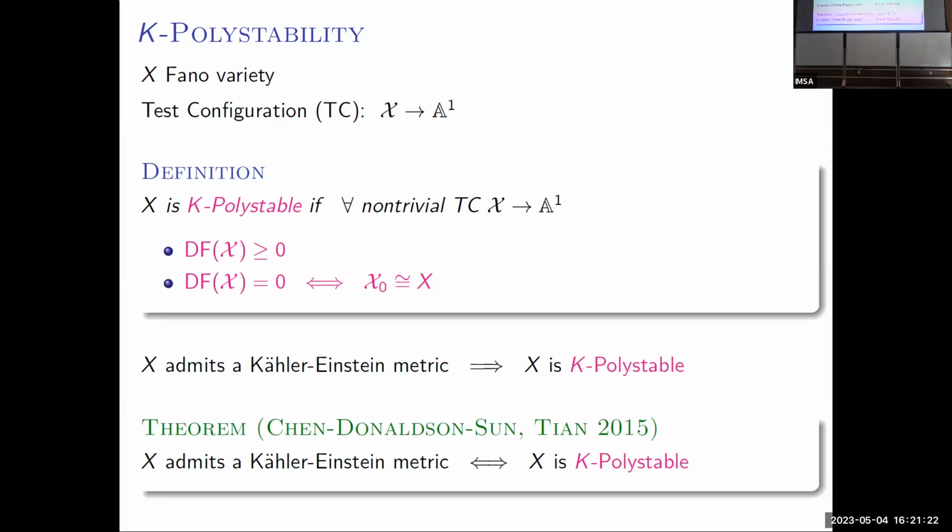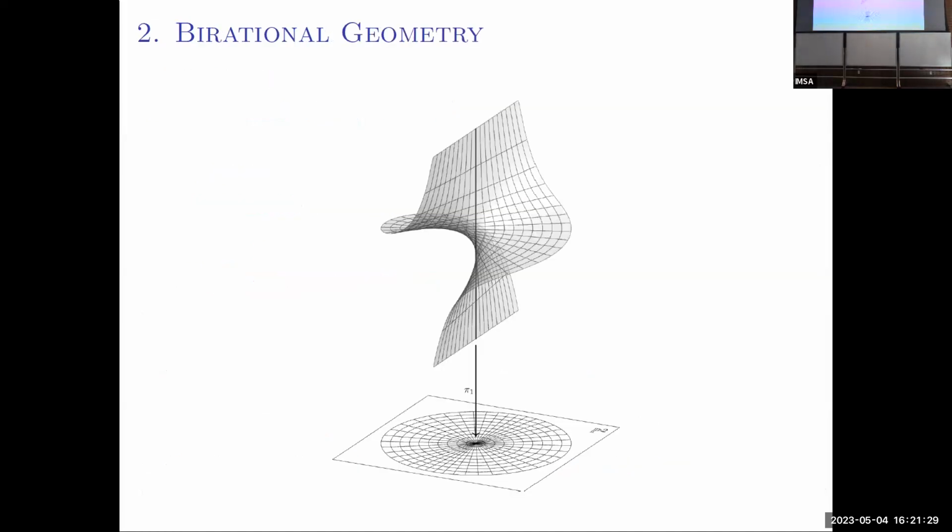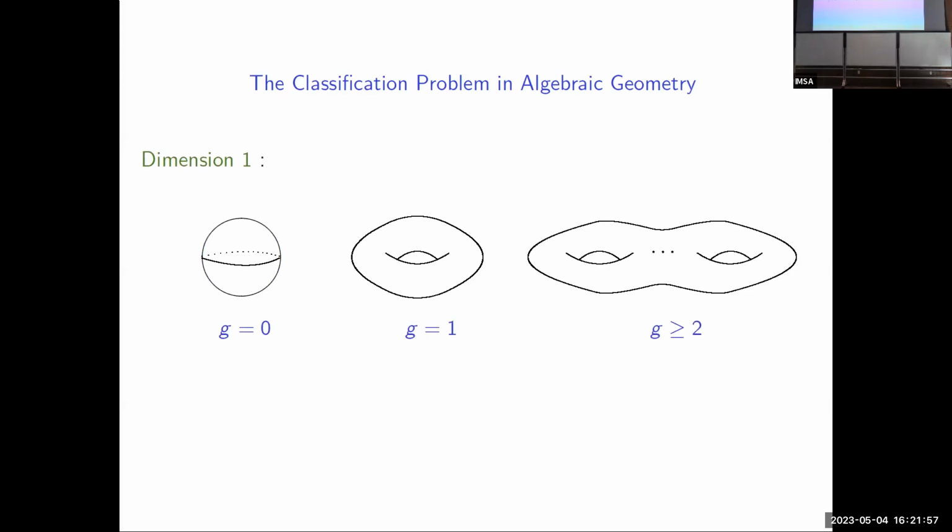And okay, so let's try to understand this notion of K-polystability, and for exploring this notion, I want to take a step back and discuss some aspects of birational geometry. To introduce the main goal and the main point of view of birational geometry, let me start by discussing the classification problem in algebraic geometry.